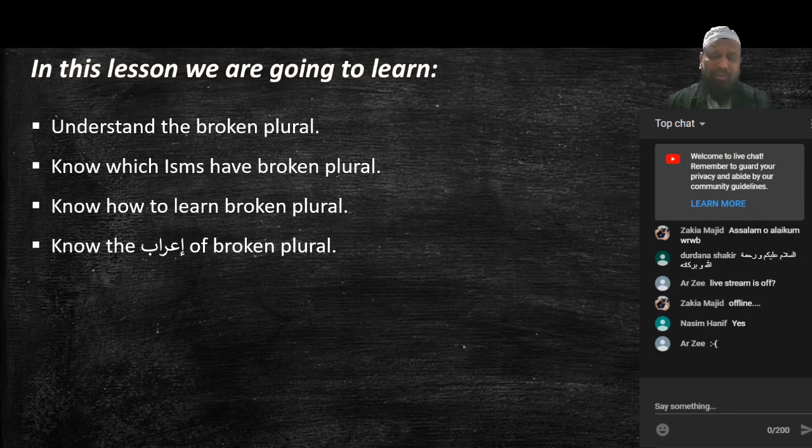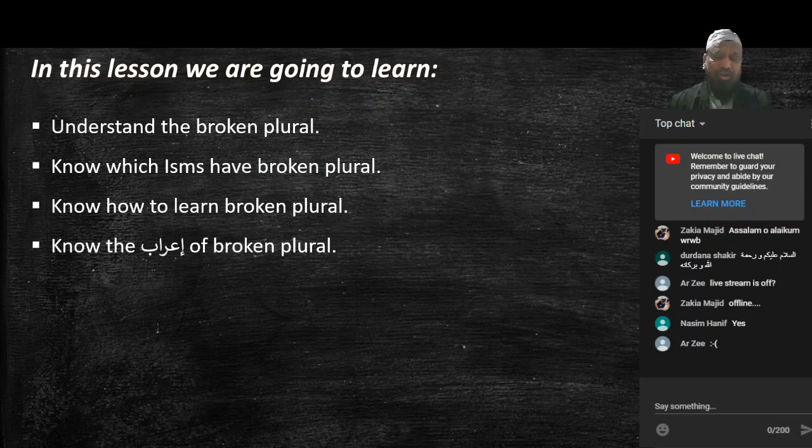Jam'u salim is for description isms we use to describe humans. So again we have jama salim mudhakkar and jama salim muannas. Or we can say jama mudhakkar salim or jama muannas salim.